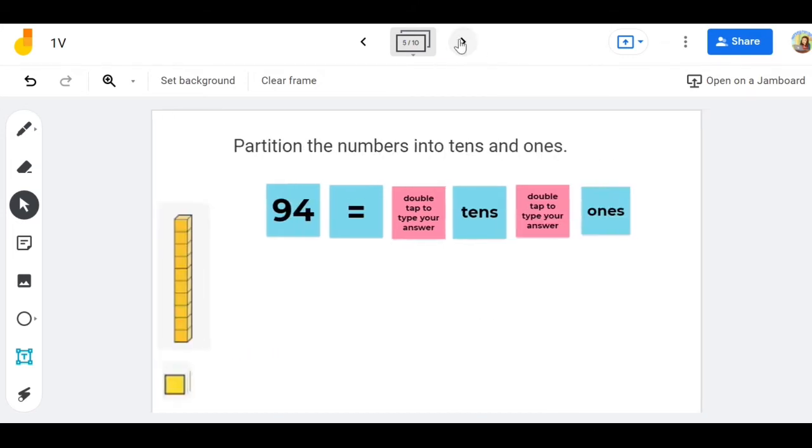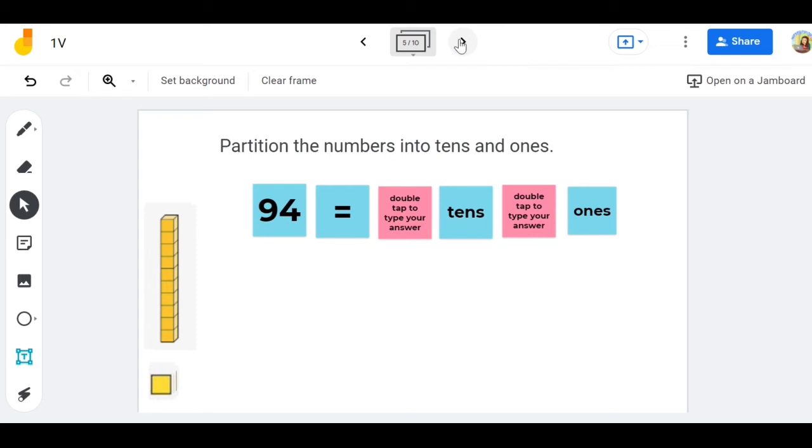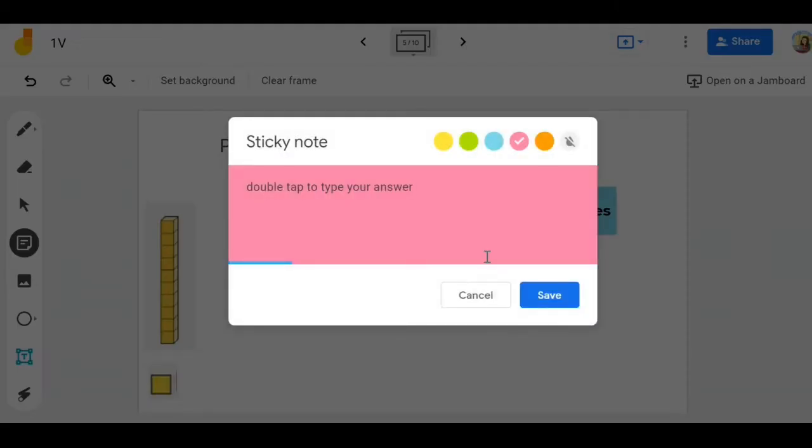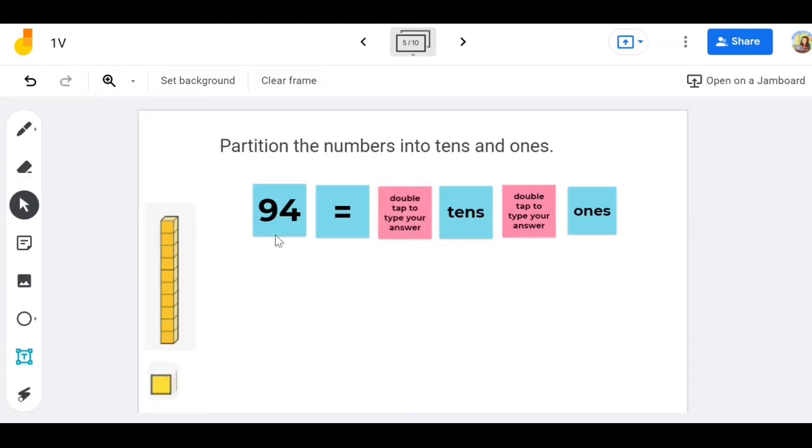And then on the next page, we're going to partition the numbers into tens and ones again. This time we've got the number 94, so you can show me using the tens and the ones blocks, and then you can double click and type your answer again. That's how you complete that activity.